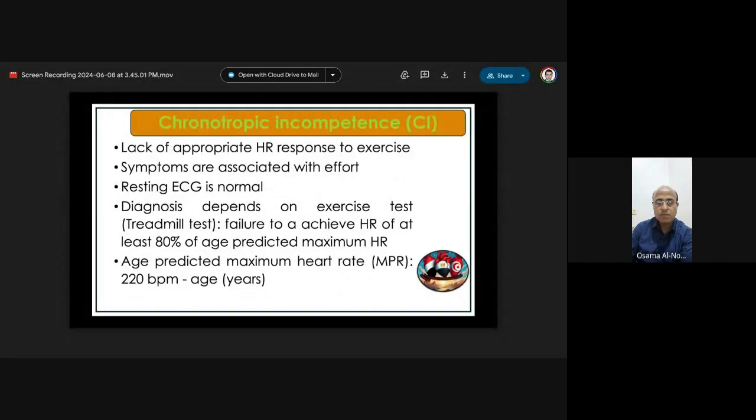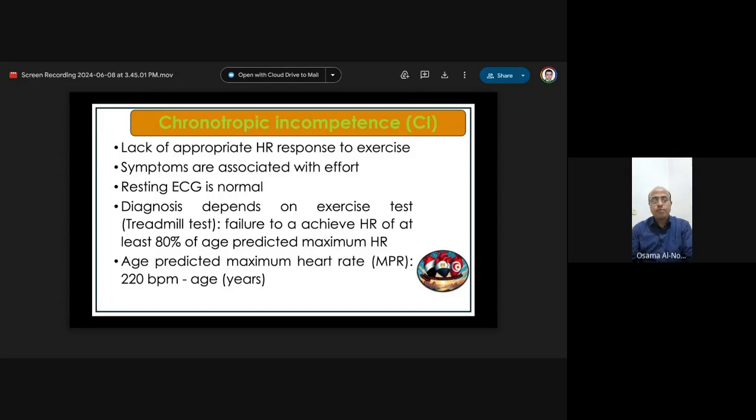For chronotropic incompetence, the patient is unable to achieve at least 80% of the age predicted maximum heart rate in response to exercise. So the patient has symptoms associated with effort.